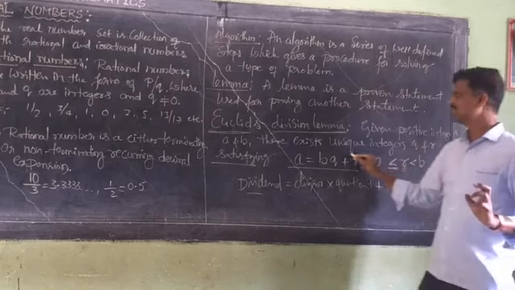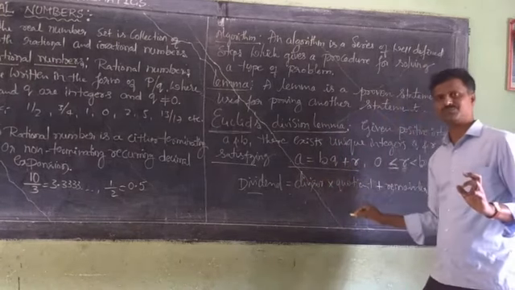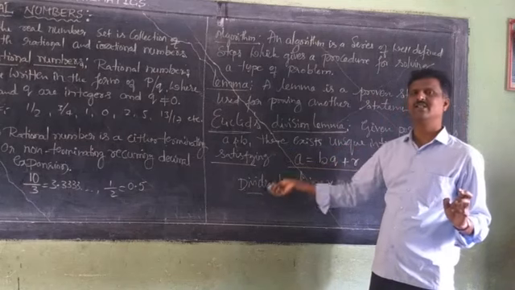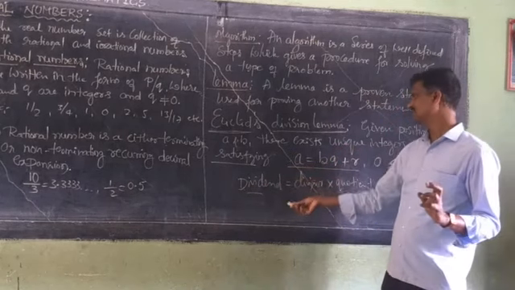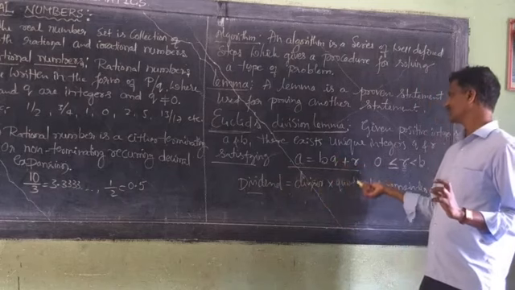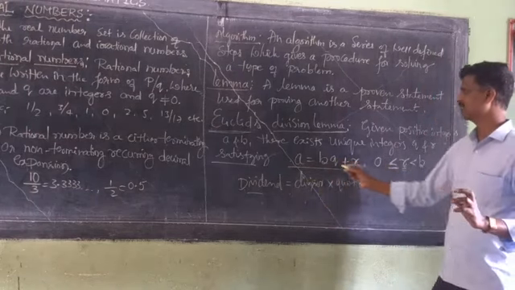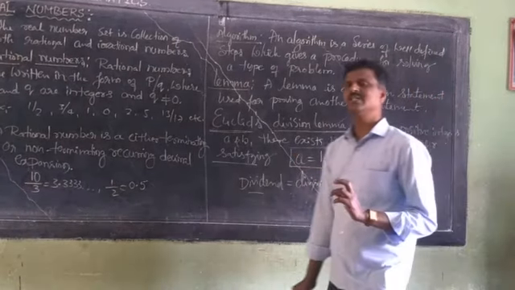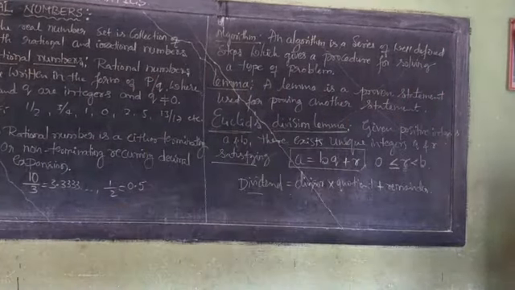This is one of the division procedures. Here a is the dividend, b is the divisor, q is the quotient, and r is the remainder. This can be written in this form. This is called Euclid's division lemma.